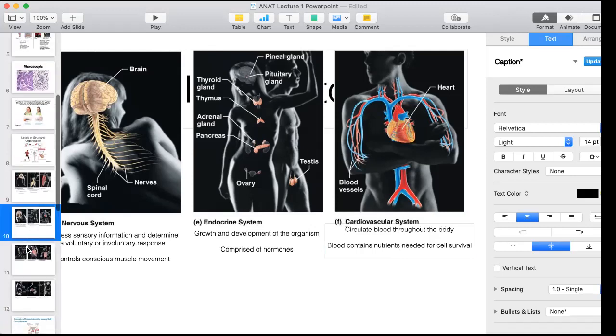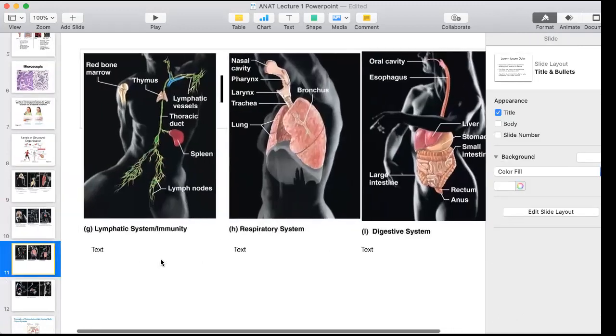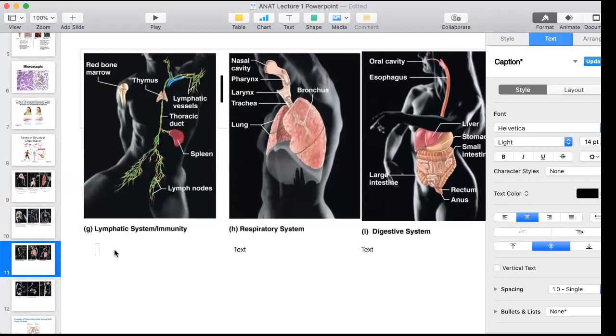Okay, awesome. So now we're going to go on to the lymphatic system. Now this is kind of interesting to say. This is rather complex, but the lymphatic system is a separate network of fibers or vessels.